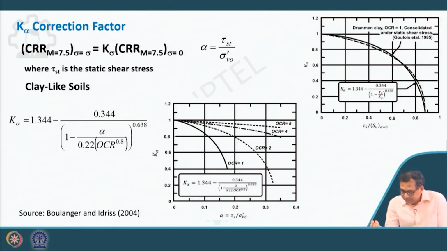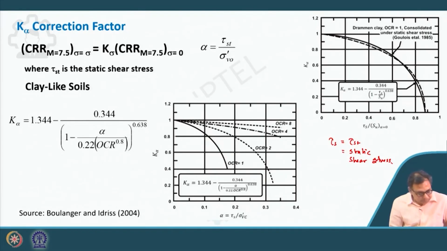So here you can write ST or S. Okay, so tau S is actually equal to tau ST, it is the same. That means it is the static shear stress. But this is also written in a different form.